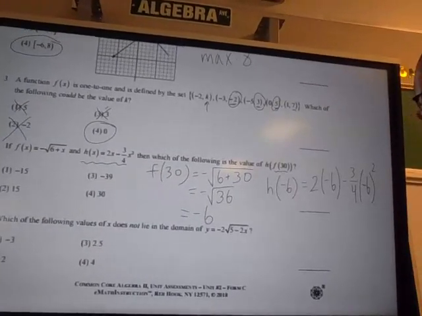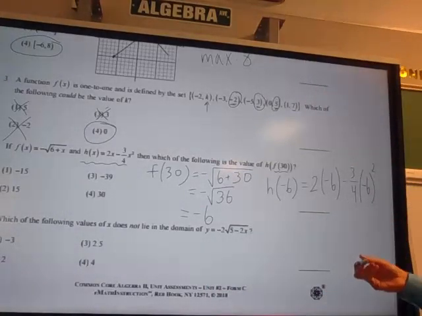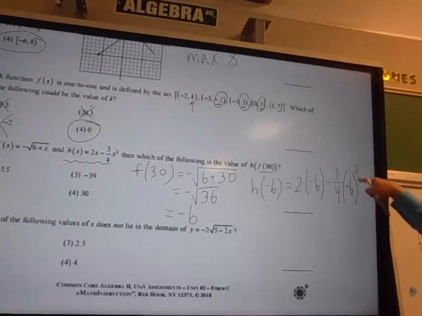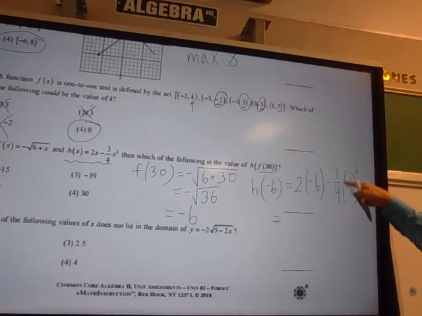Important here when you're evaluating, put those inputs in parentheses, because this exponent, that square, only applies to this -6, and that should be done first, before you multiply.